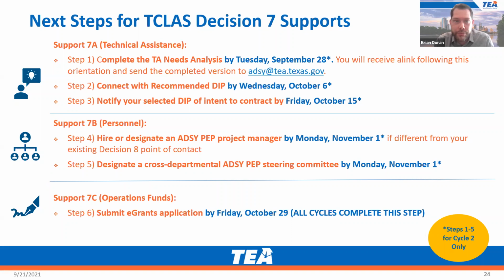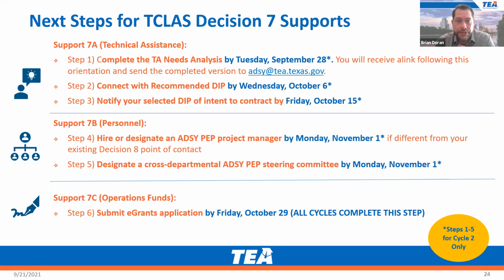Support 7B is personnel. There are 2 steps associated with this. That's step 4, that's hire or designate an Adzy Pep project manager by Monday, November 1st. The earlier the better for doing this. So if you are currently on this call and you're saying yes, I'm the decision 7 contact, then awesome, that's great.